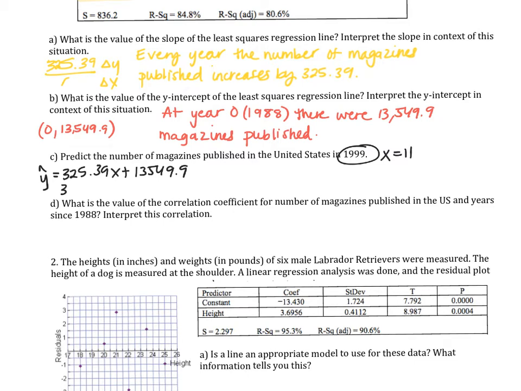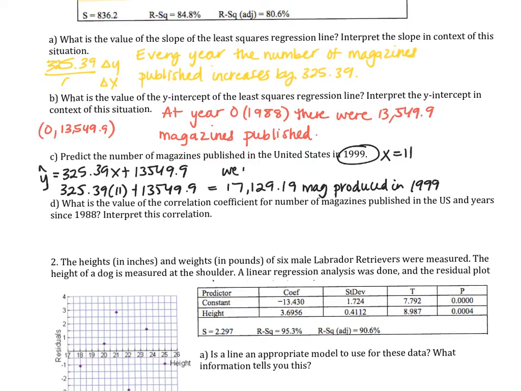So we plug in 11 here, and we get 17,129.19 magazines produced in 1999. This is what we would expect.